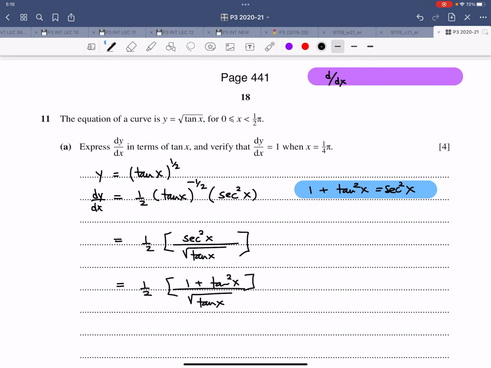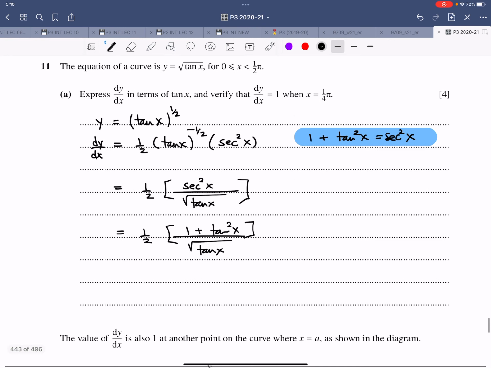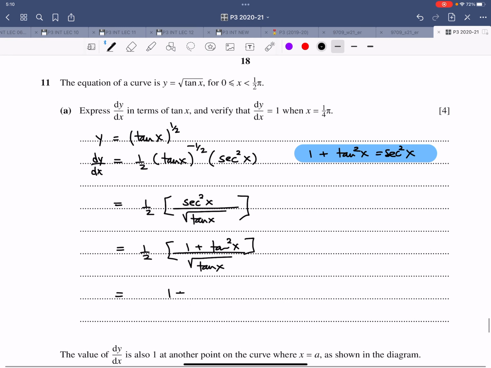So that is the working that you get for this particular part. So half is on the outside, 1 plus tan square x and square root of tangent x. You can even write it like this: 1 plus tan square x divided by 2 square root of tangent x. They both are the same format.